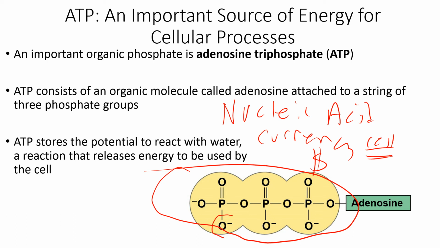What happens when you get a negative charge and a negative charge next to one another? They repel one another. So there is inherently a repulsive force in these chemical groups. They don't want to be attached to one another. But this is good because this increases the amount of potential energy stored in this biological molecule.